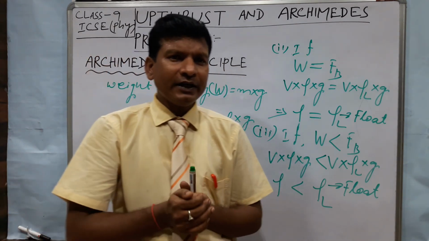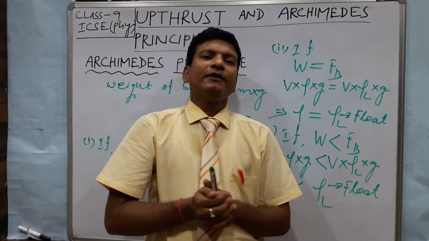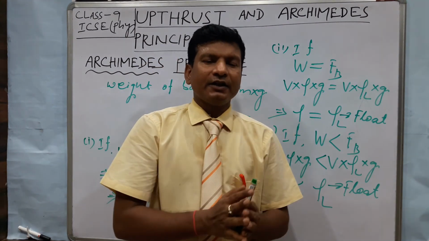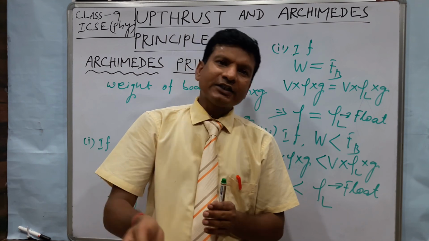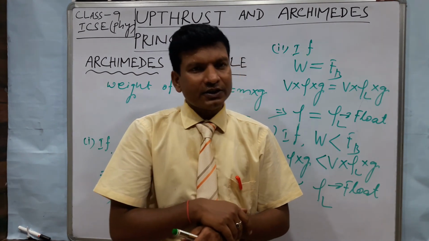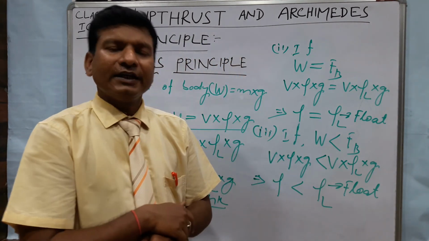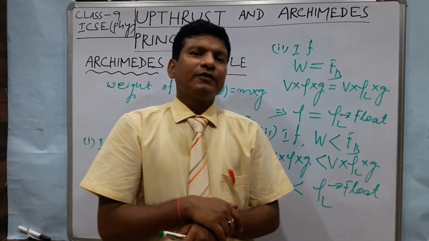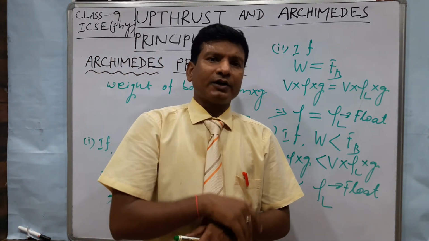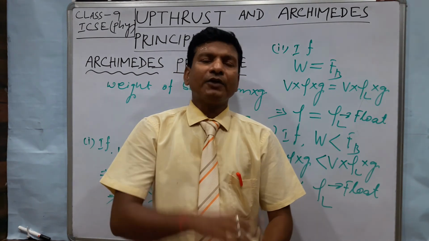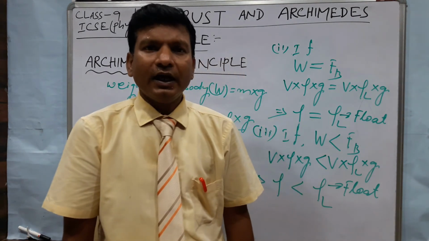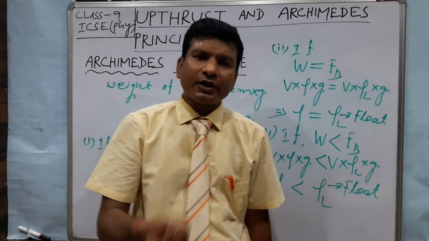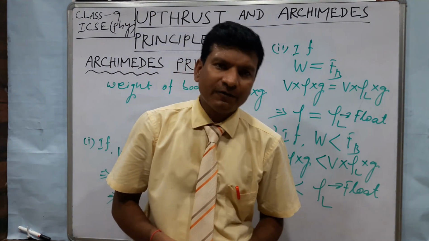Why? What is the reason behind that? The reason is that the density of the iron is more than the density of the water, and due to this reason the iron is sinking in the water. Now, the density of the cork is less than the density of the water, and due to this the cork is floating on the surface of water.